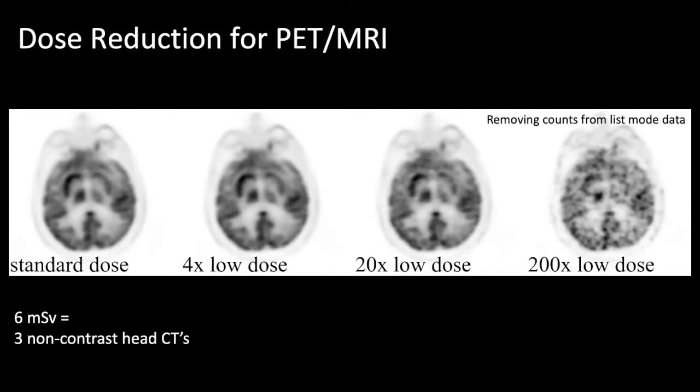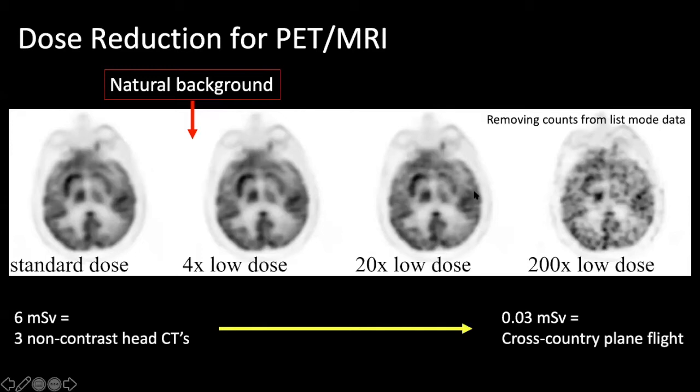At the standard dose, I like to think in terms of non-contrast head CTs, because we do a lot of those as neuroradiologists. So a standard dose study is 3 non-contrast head CTs. Natural background is somewhat lower than that. And then the real key is, can we get down to dose levels of 20-fold, 200-fold, where we're talking about radiation doses on the level of a cross-country airplane flight, where it would really open up a lot of applications for PET that we don't currently do.